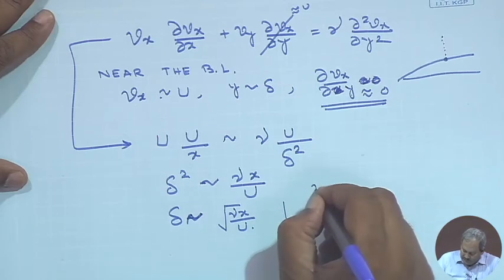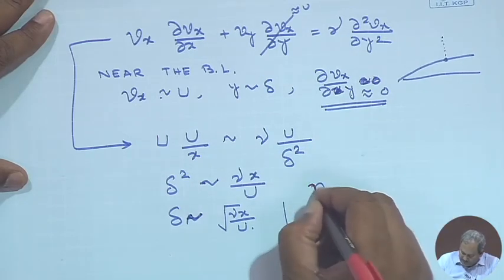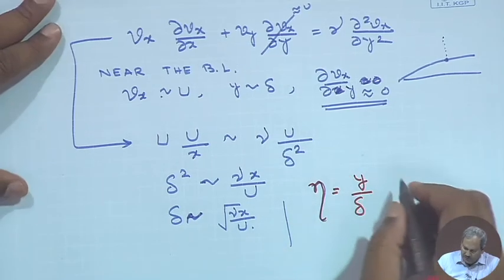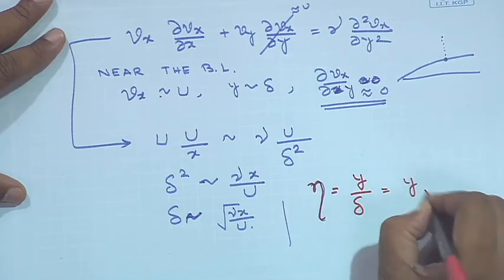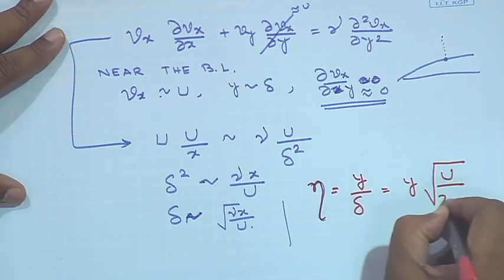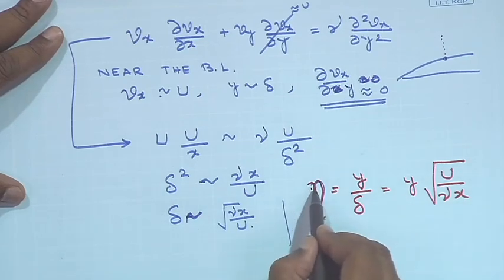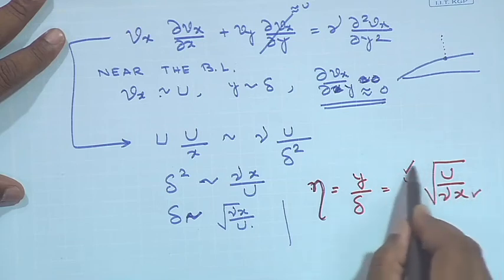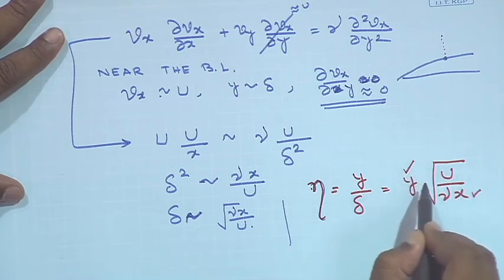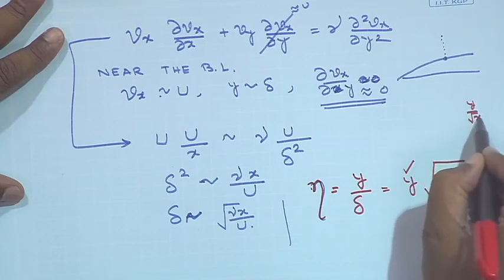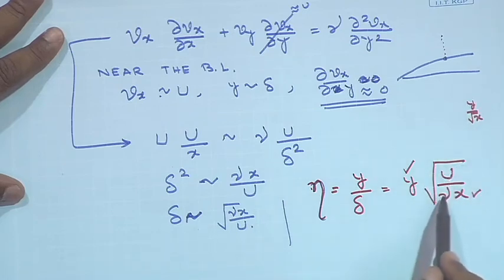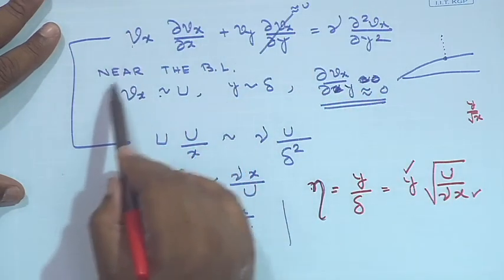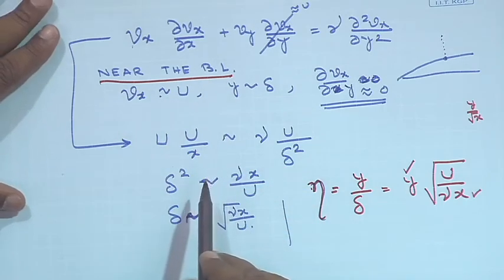So, if I define my new dimensionless variable eta to be y by delta, as we have done before, this would simply be equal to y root over u by nu x. So, this is the combination variable that contains both y and x in a specific functional form, essentially y by root over x, and these terms come from an order of magnitude analysis of the equation at the edge of the boundary layer.